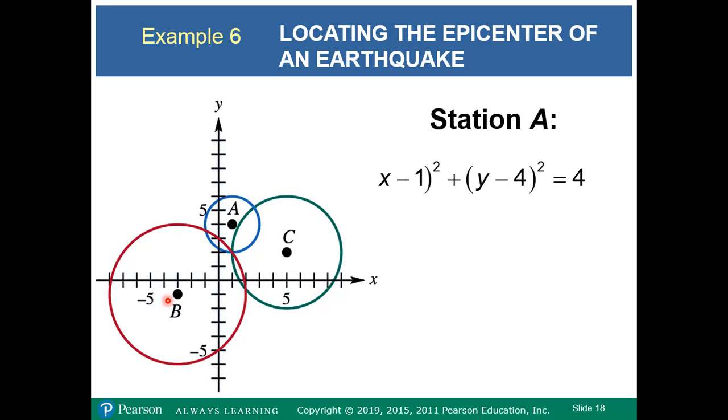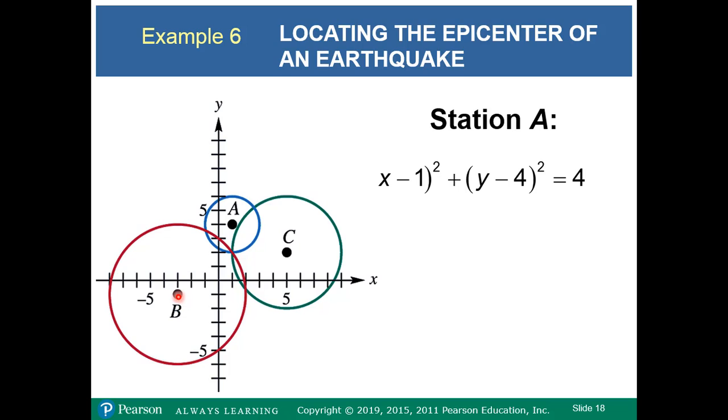Because what we're finding is, hey, this station is what? 2 units from the epicenter, but we don't know where. It could be anywhere around here, right? But we don't know. And then we have another one here that's what? C is 4 units. So it could be 4 units anywhere on this circle, right? We just don't know.